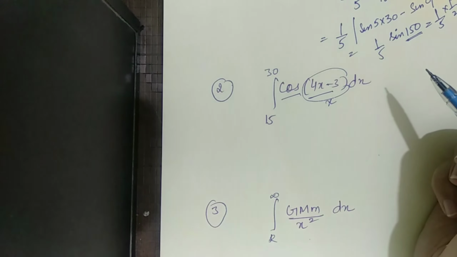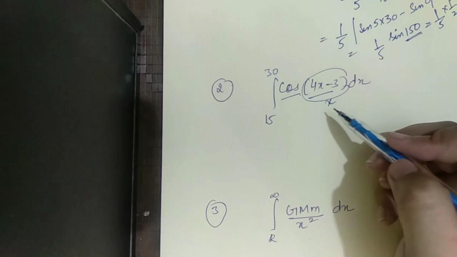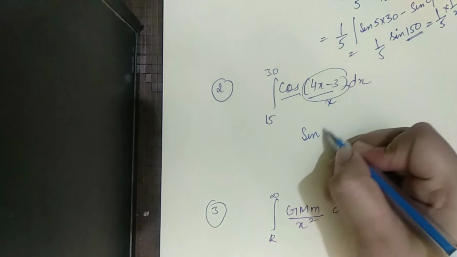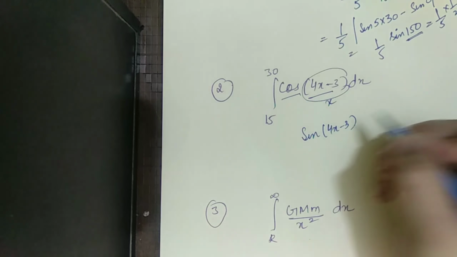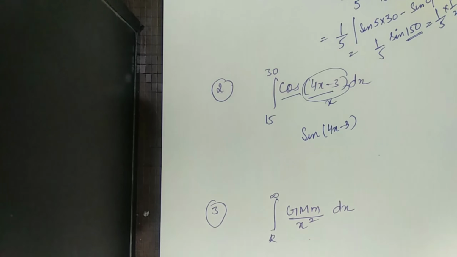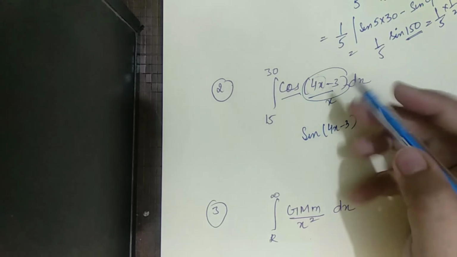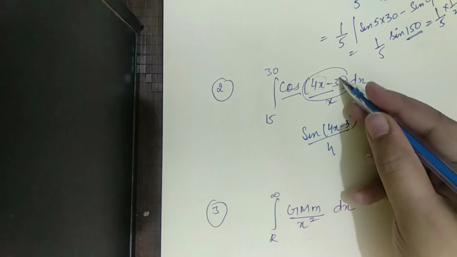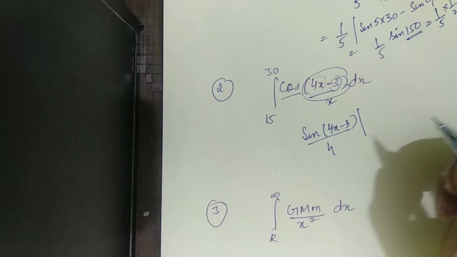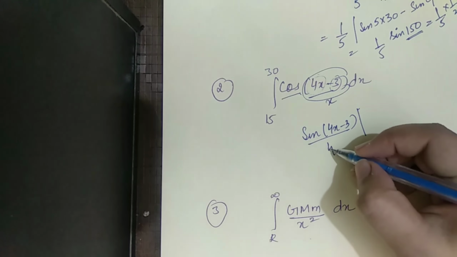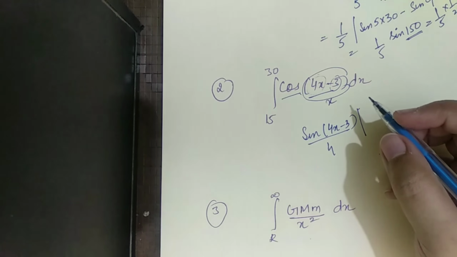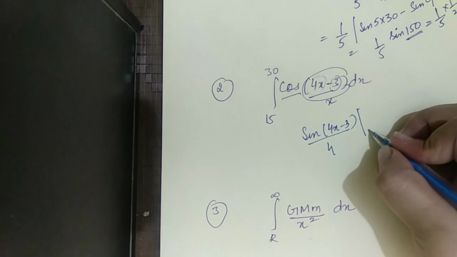If I suppose that 4x minus 3 is x, then the integral of cos x is sin x. So sin of 4x minus 3, and then we have to find the integration of 4x minus 3 again. The 4x is multiplied and we have to divide by 4, and then the integration of 3 is 3x.